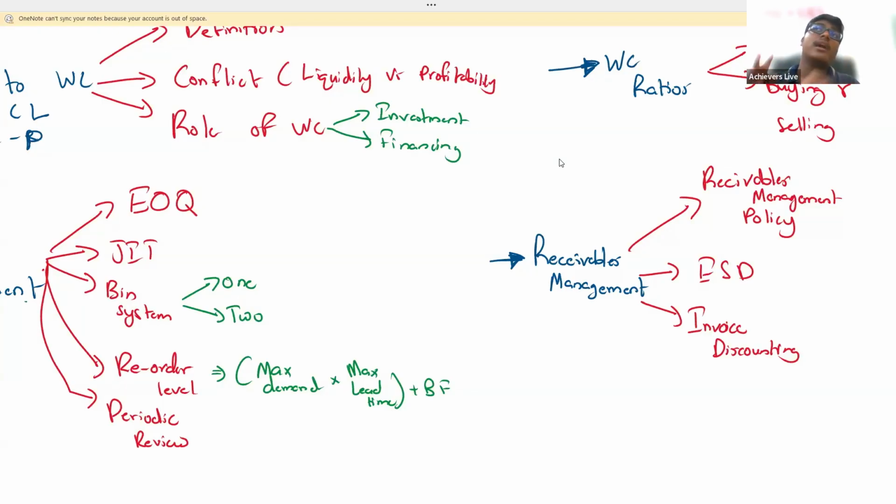Or is it something which you can hide from the customers? Without the customers knowing, you can do it. Yes, it is something confidential. Remember, important point. So this is one advantage compared to factoring. Factoring, what is happening? The customer will know that you are going for a factoring service, but invoice discounting happens in secret. You are hiding it.